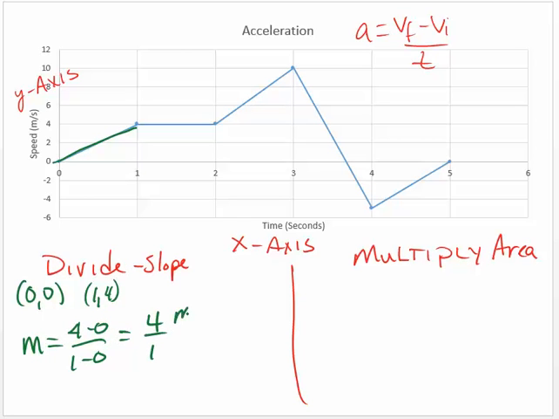That's not the speed. It is the acceleration. The slope here is the acceleration. So on a speed time graph, my slope is the acceleration. The acceleration of this object between 0 and 1 seconds was 4 meters per second squared.